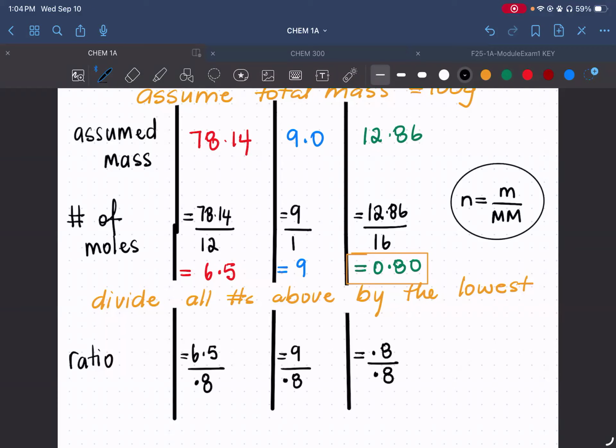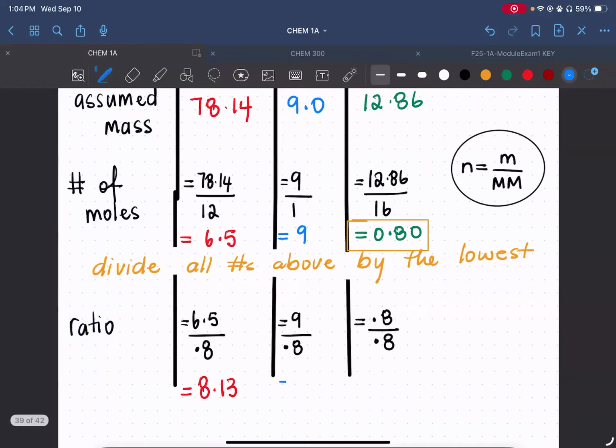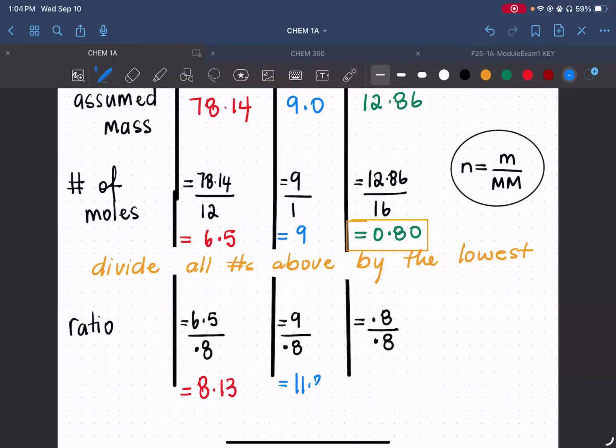We're dividing all of the number of moles by the lowest number. We put these into our calculator. In the case of carbon, we get 8.13. In the case of hydrogen, we get 11.3. And in the case of oxygen, to no one's surprise, this is just a flat 1. Anything divided by itself is just 1.